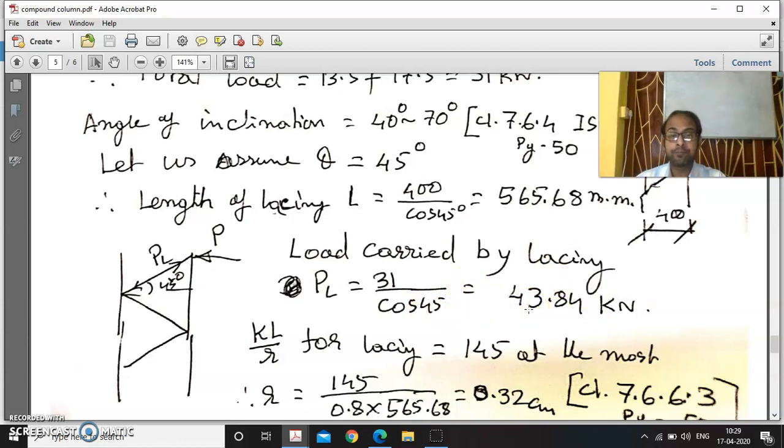I repeat, PL, the load taken here, if I resolve it in the horizontal direction, gives PL cos theta equal to P. So PL equals P by cos theta. P is 31 divided by cos 45, it's coming as 43.84 kilonewton.